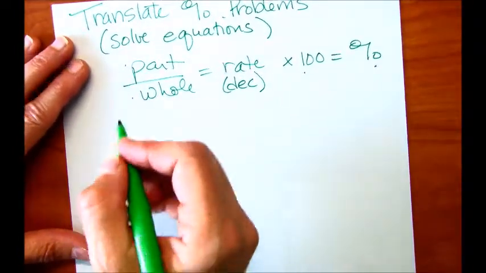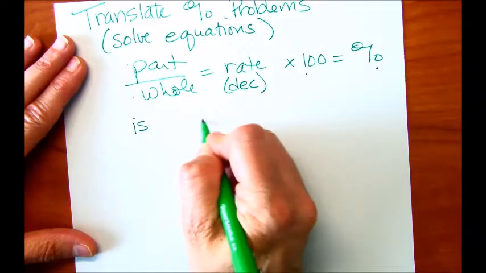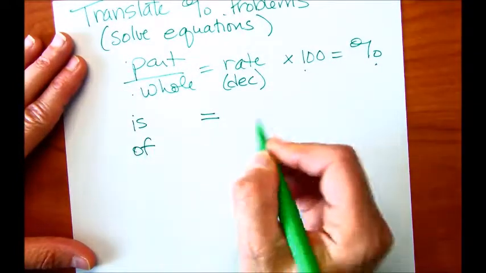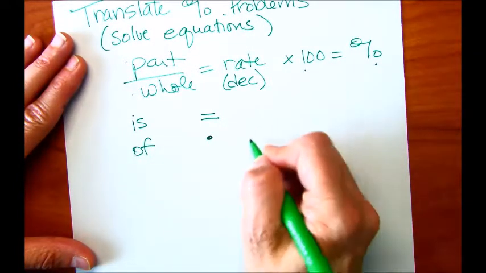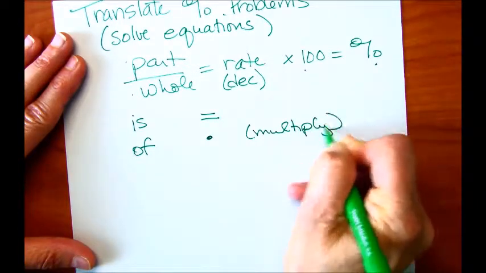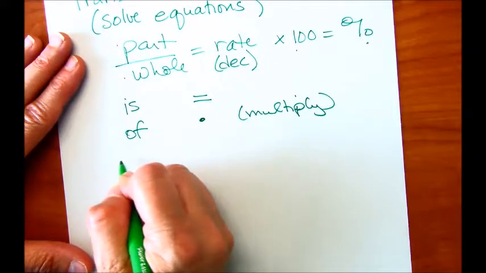Now let's first talk about some language. The word is is going to mean equal to. Of will mean multiply. And then we've got a couple ways of writing our unknown.